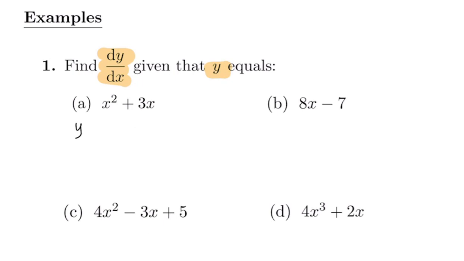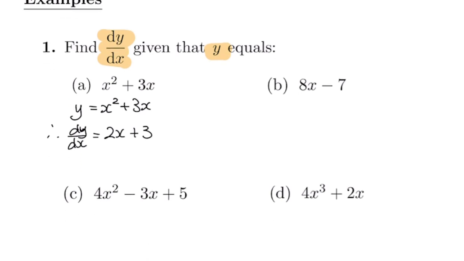So I'm going to start with y equals x squared plus 3x. Therefore, dy dx equals, to differentiate this, we get 2x to the power 1. There's no point in writing power 1. And 3x becomes just 3, because you get 3x to the power 0, which is just 3.